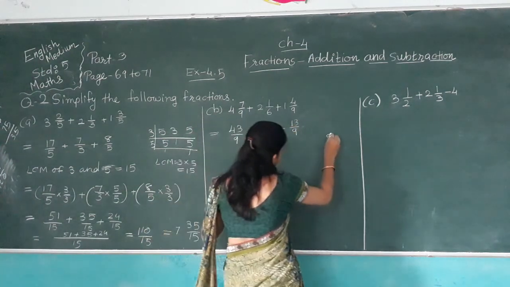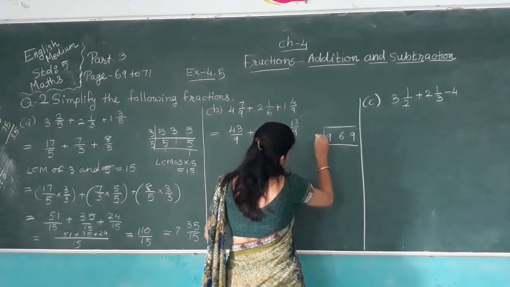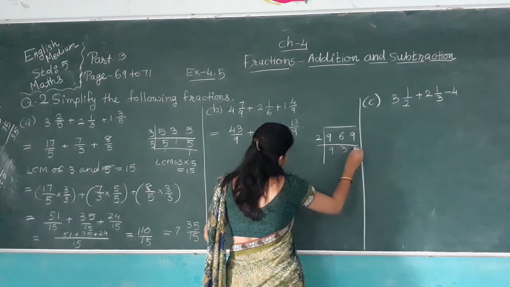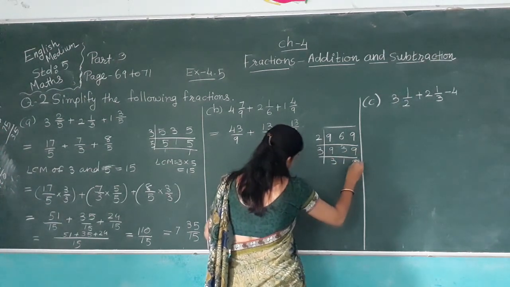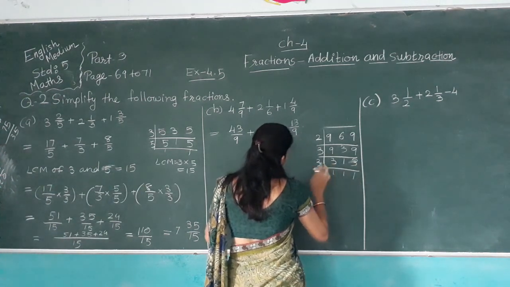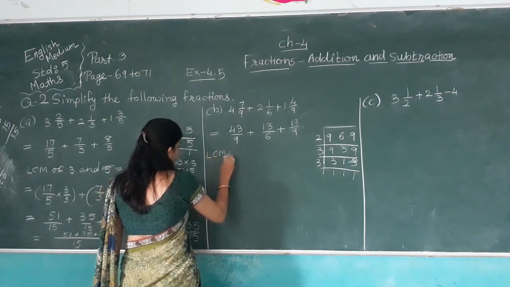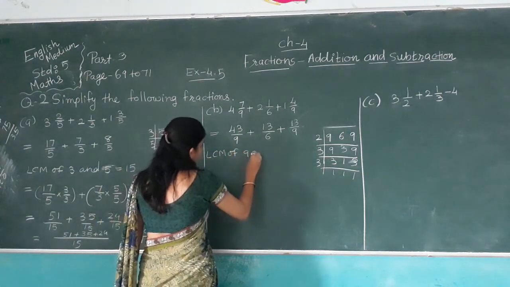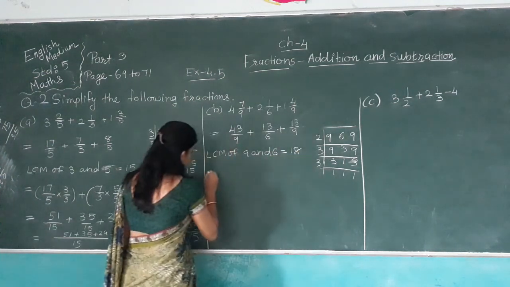Then LCM. 2 threes are 6 and 3 threes are 9. 3 ones are 3, 18. LCM of 9 and 6 is equal to 18.